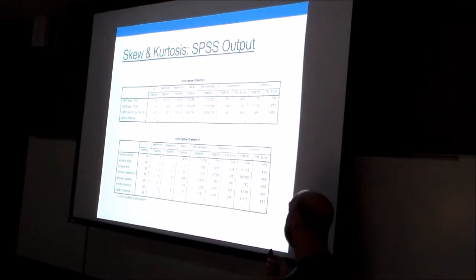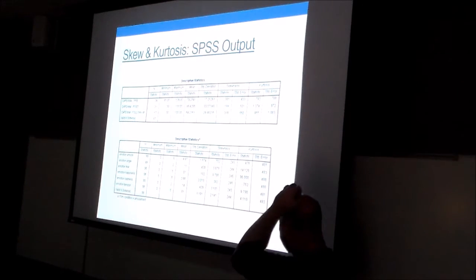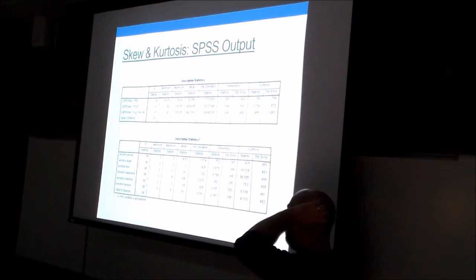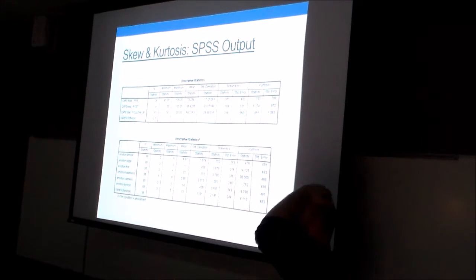Our skew and kurtosis values and our output. So here, again, is the CAPS data that we've been working with. Katie, tell me, do I have concerns with skew and kurtosis for my 3 assessments of PTSD in this sample?